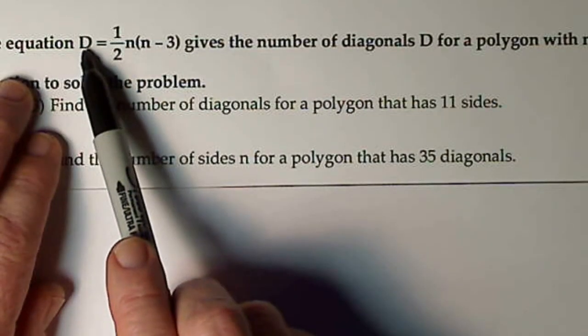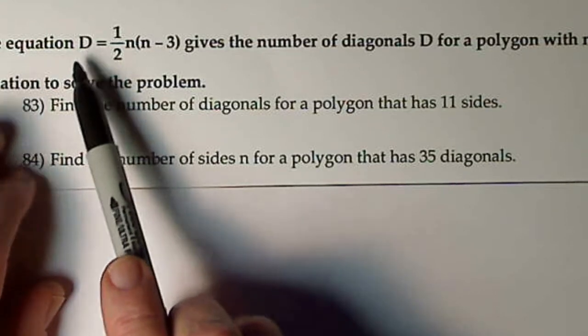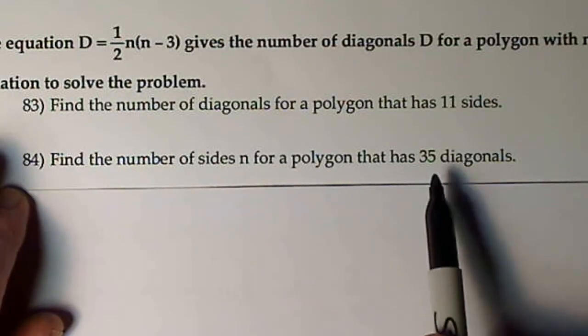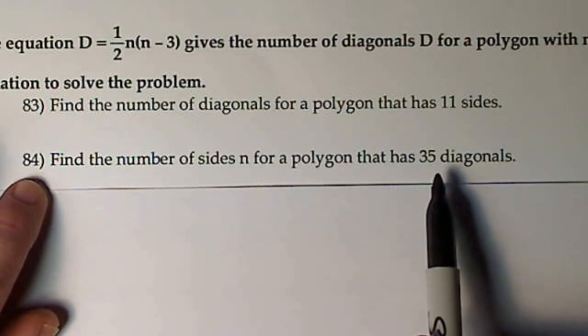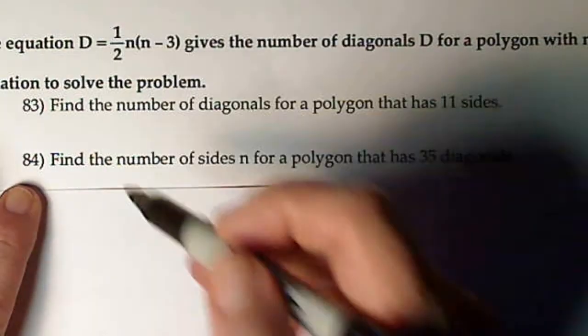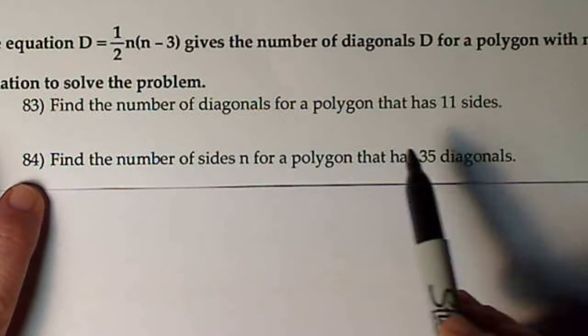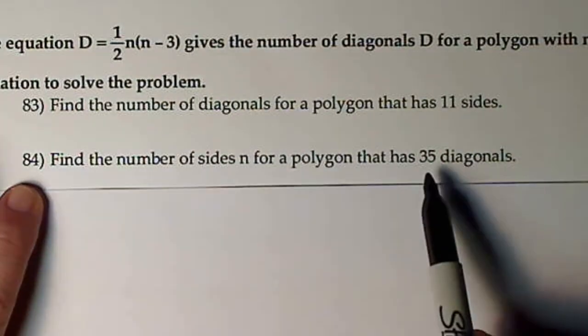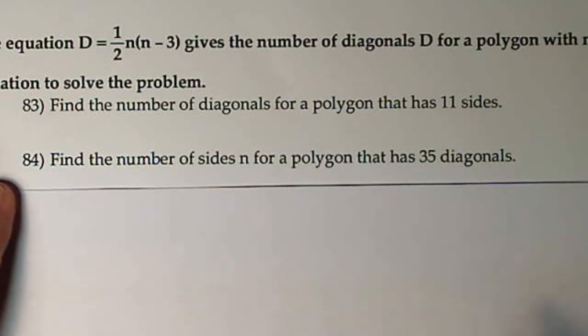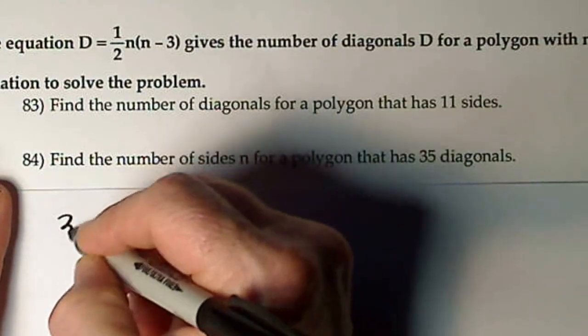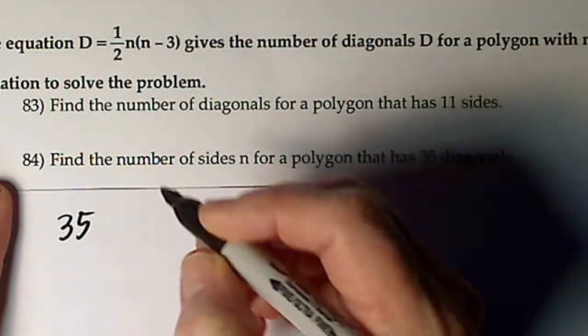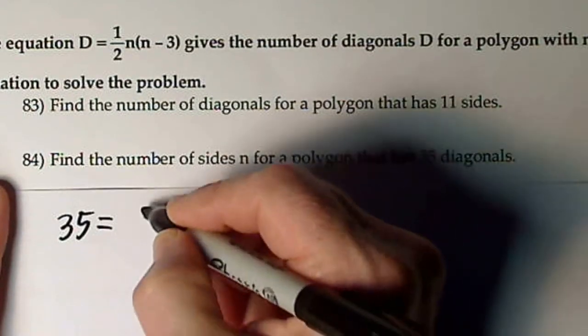So d is the number of diagonals, okay? So they tell us on number 84 here that it has 35 diagonals. So we'll use this formula, but instead of big D, we'll put a 35, okay? That's how many diagonals? 35. And then the rest of our formula.